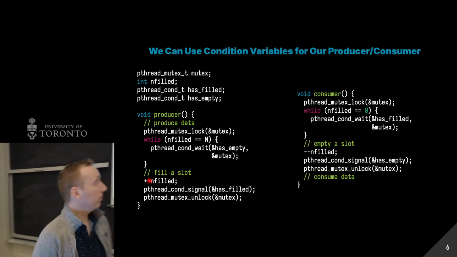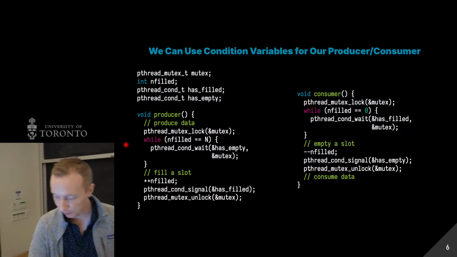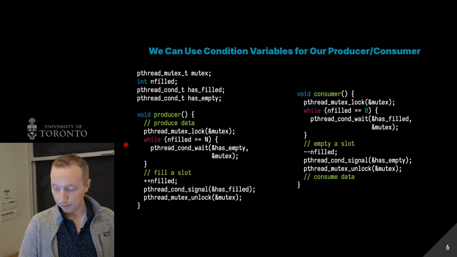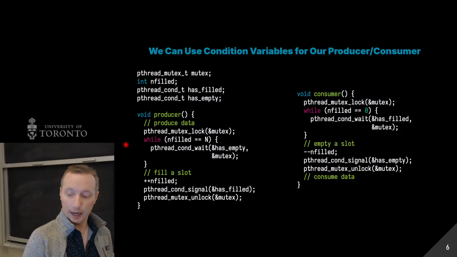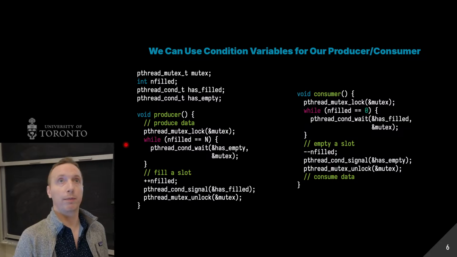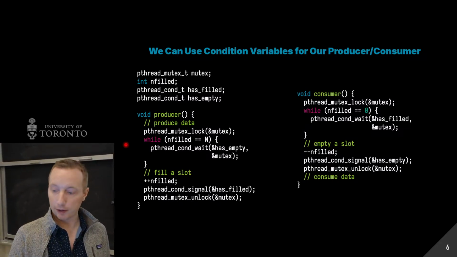So if we wanted to change our producer-consumer example from the last lecture to use condition variables instead of semaphores, before we had a semaphore for tracking the number of emptied slots and the number of filled slots.